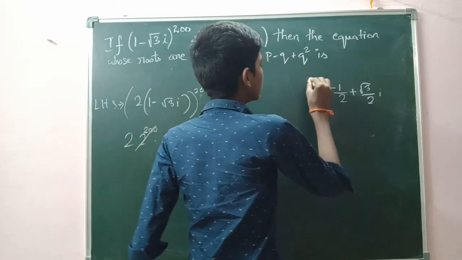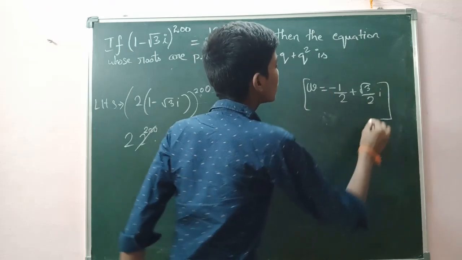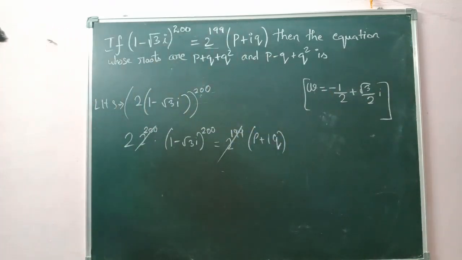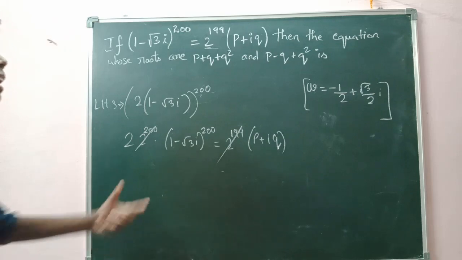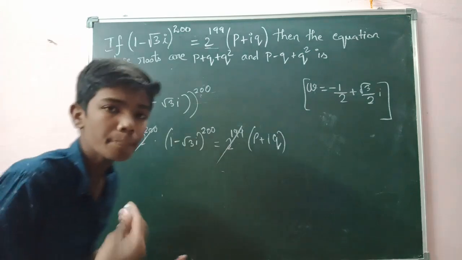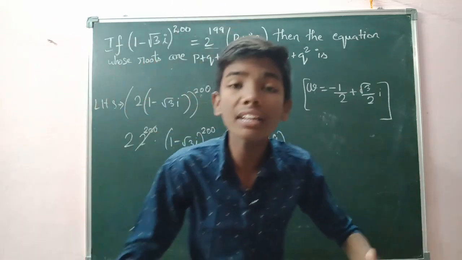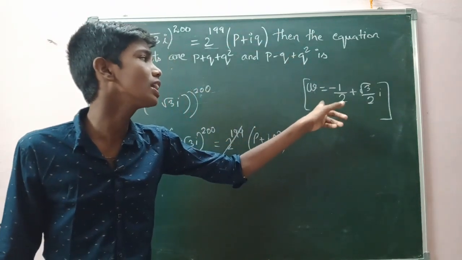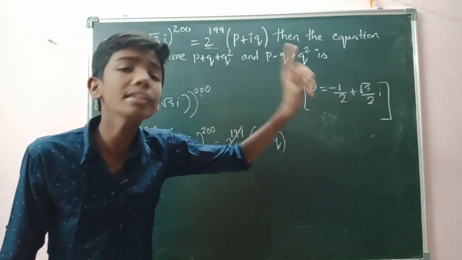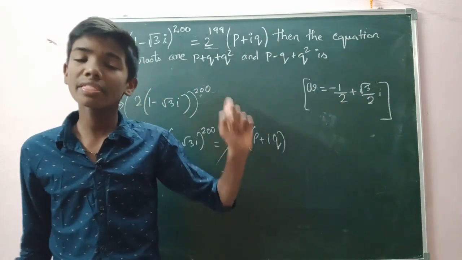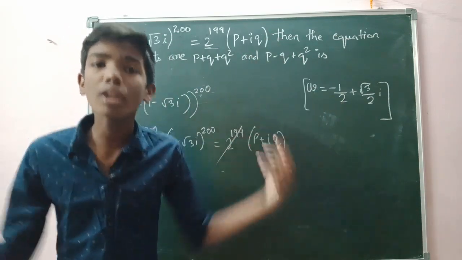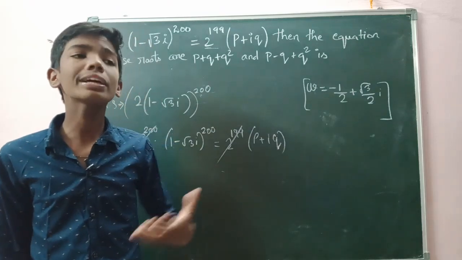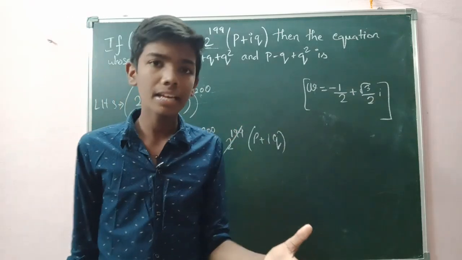So I need to get an expression such that I am having this particular value of omega. Then I can substitute it as omega, and that is what we are going to do in this question. I hope you guys understand what I am trying to say here.